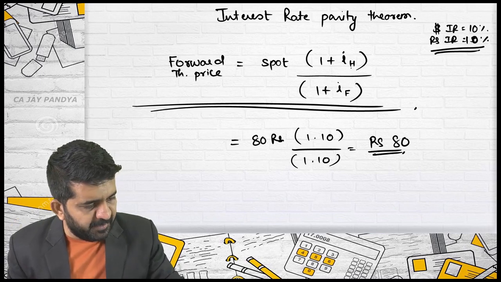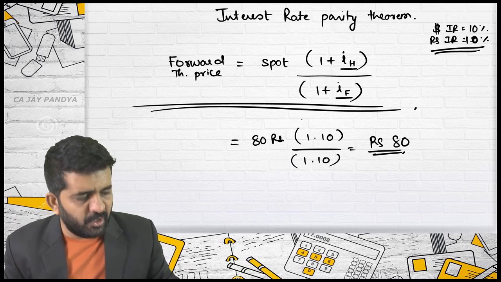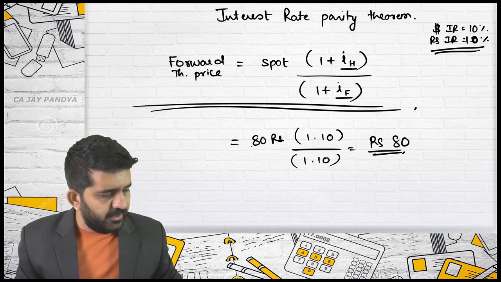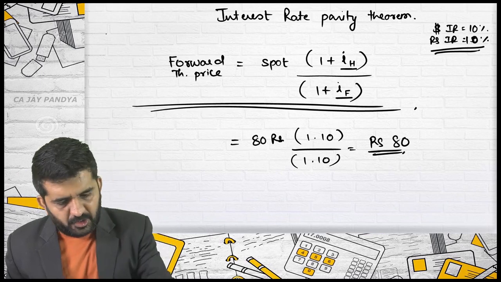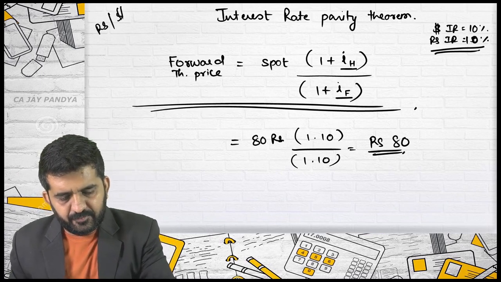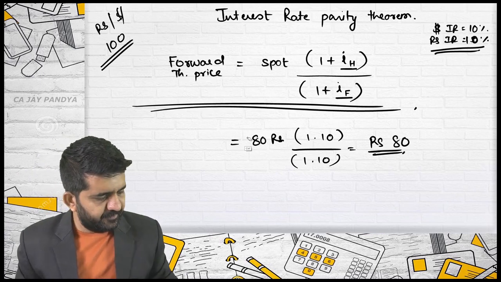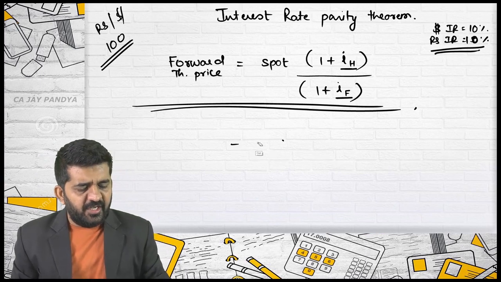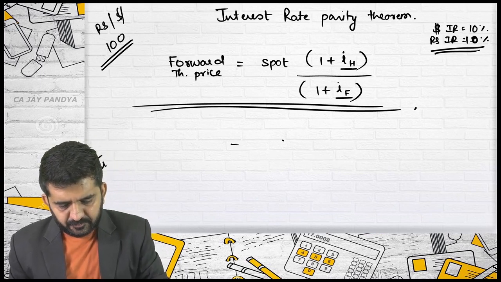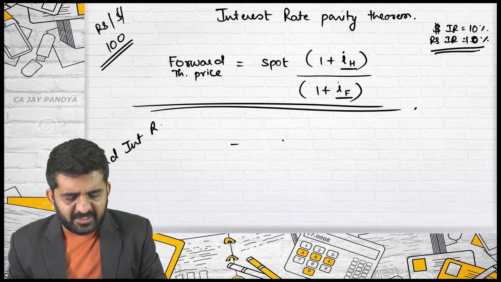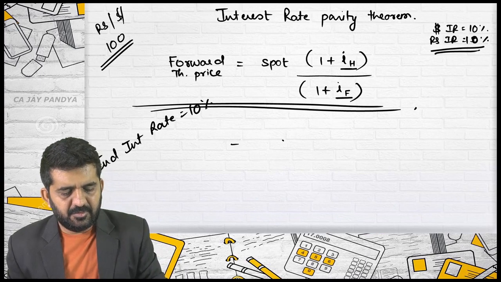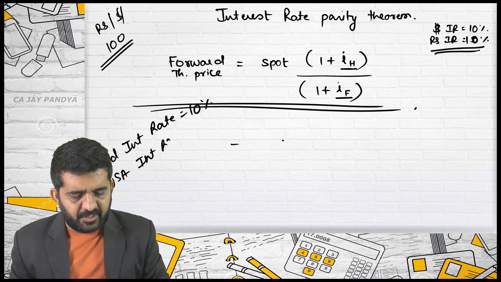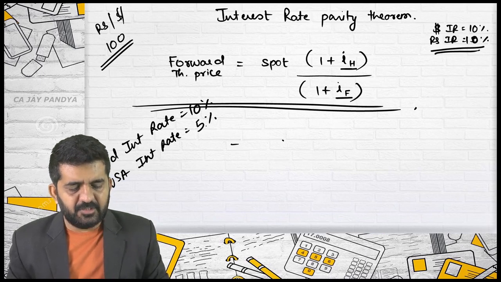Now the point is why it should be home in the numerator, foreign in the denominator. Try to concentrate. Whenever, say this is the price of rupees per dollar, say 100. If in India interest rate is 10%, and if in foreign, that is in USA, interest rate is 5%.